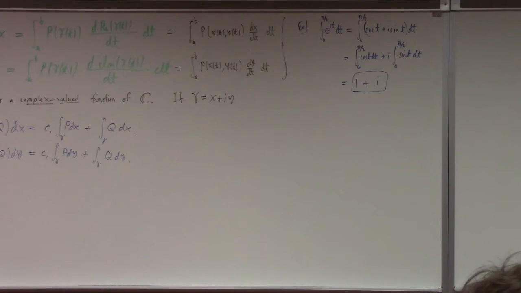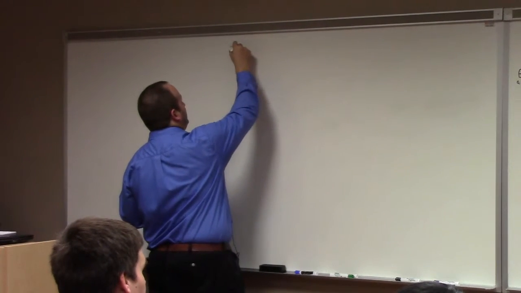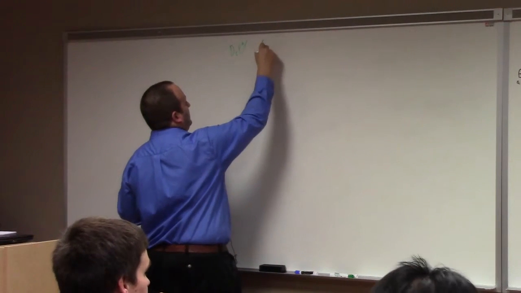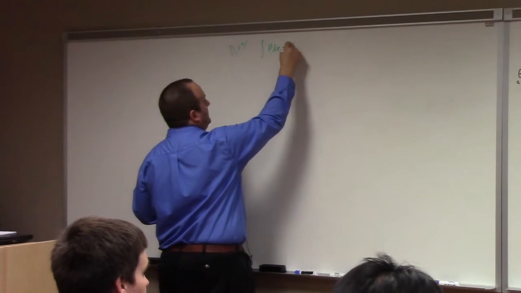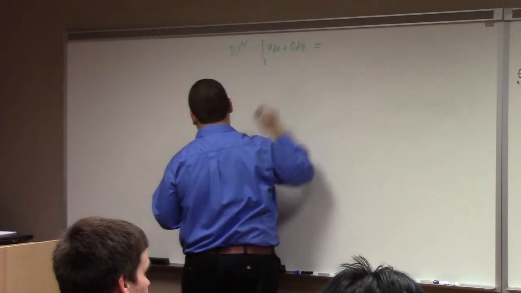So I think the answer to your question in short is yes. In the interest of getting there, let me go on. We also have a lot of definitions at the moment. Definition: the integral of p dx plus q dy over gamma is what?